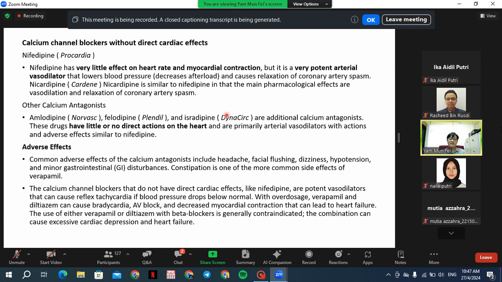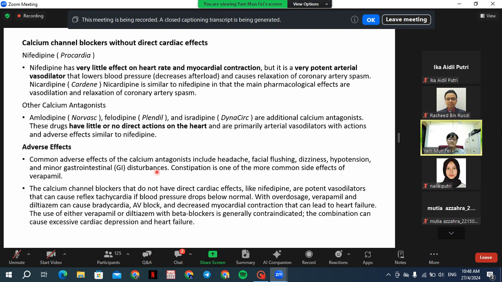These drugs are only able to cause vasodilation, same as nifedipine. The most common effects of calcium channel blockers are flushing, which means your face becomes full of blood and red in color, headache, dizziness, hypotension, and gastrointestinal disturbance.